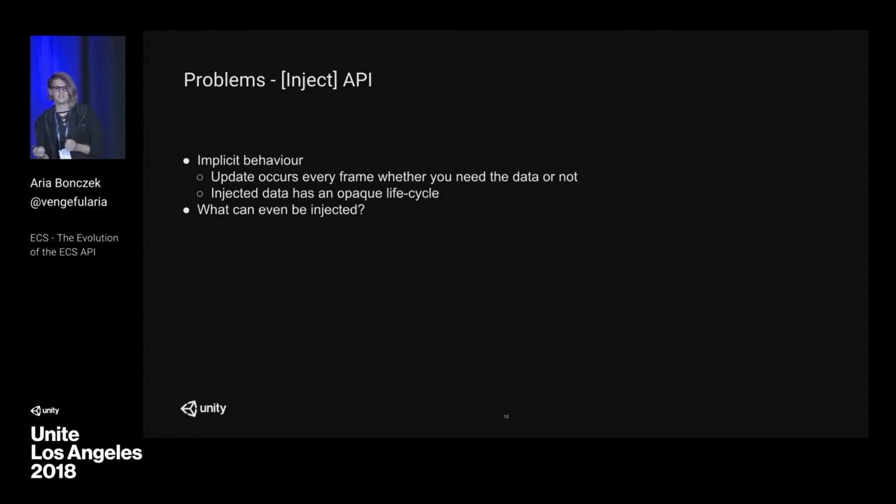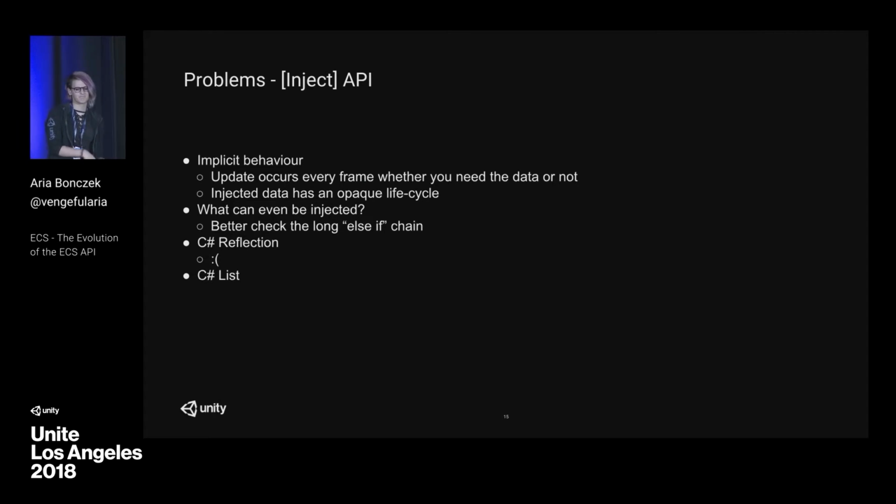What can even be injected in one of those things? If it's not in the documentation, then we have to look in this big else if chain and try to figure out what we actually can use here. C# reflection, not our favorite.